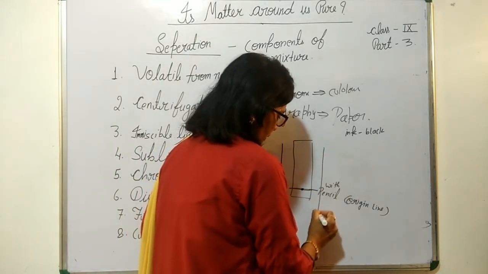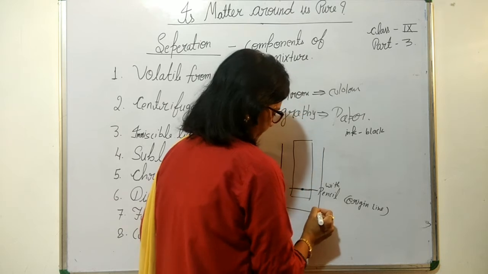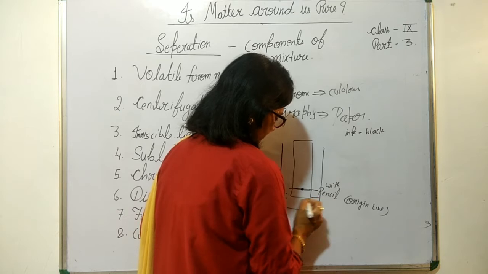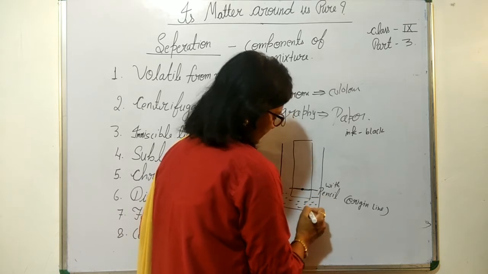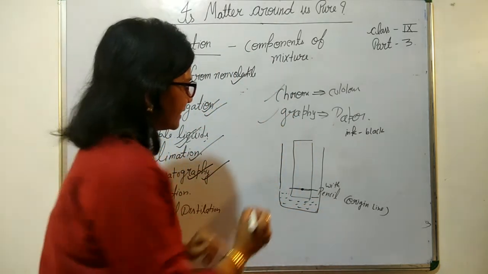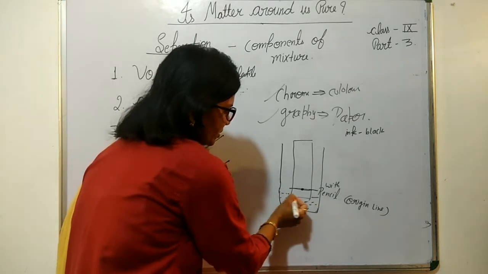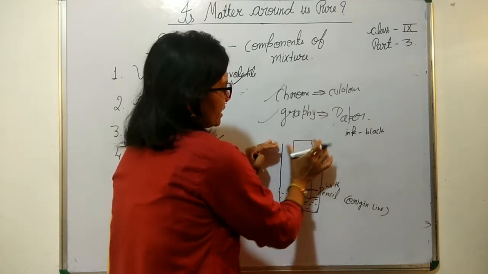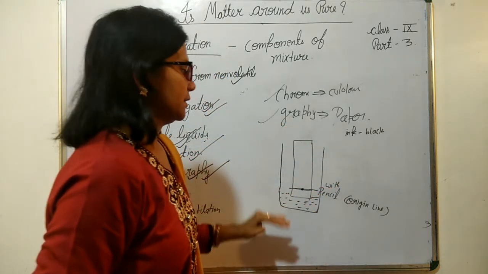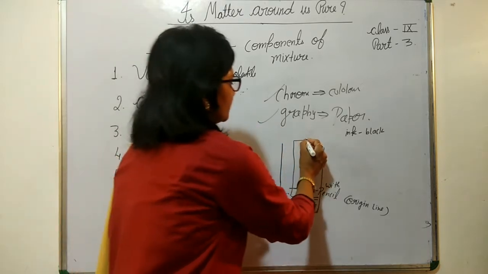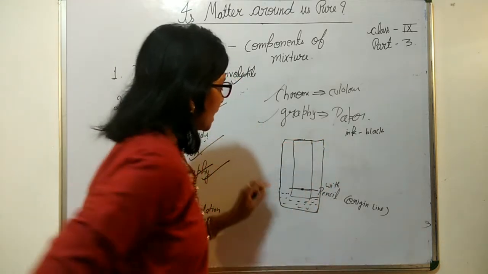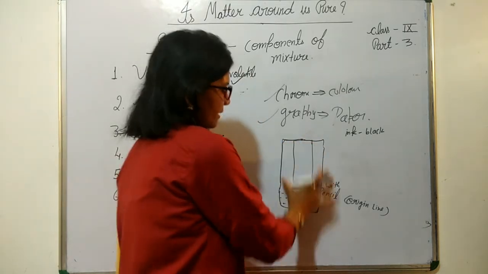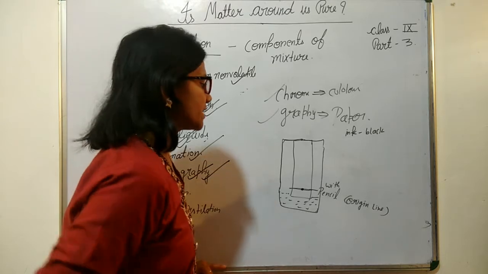Then you keep this whole paper in a water-containing vessel, and the water level will be just touching the paper, and this paper should not touch any wall of the container. With the help of thread we tie this, and let it remain undisturbed for some time.